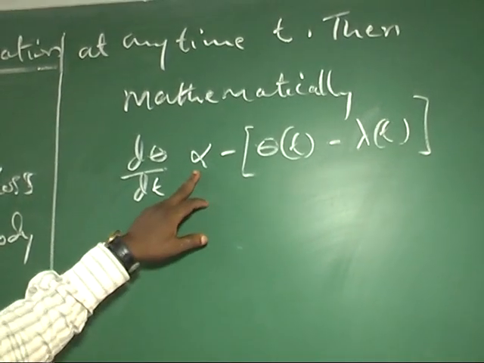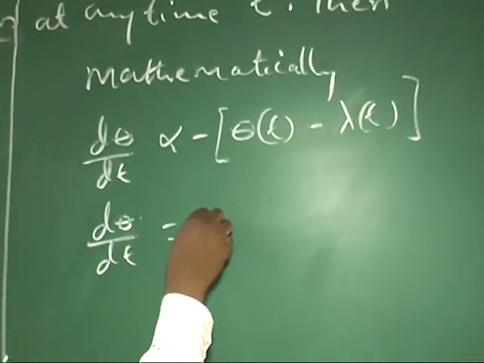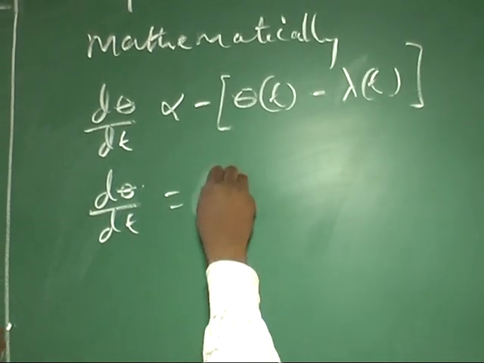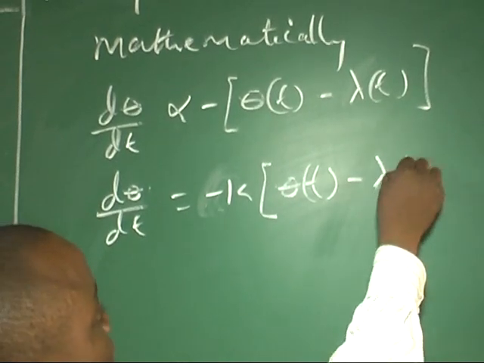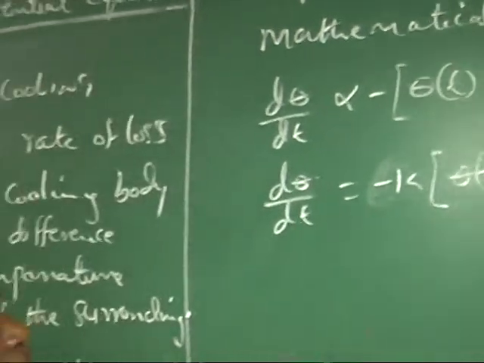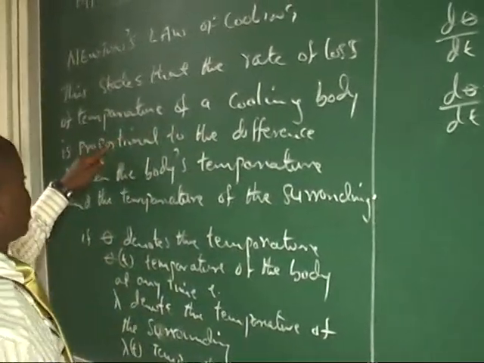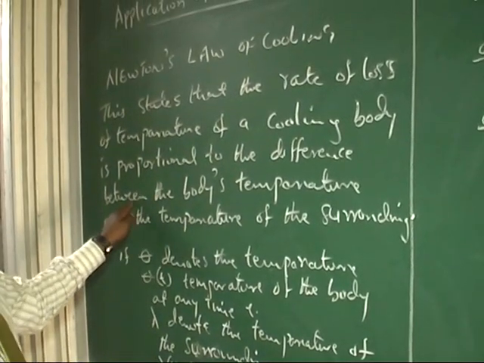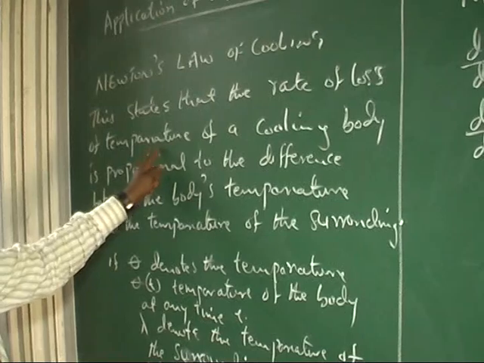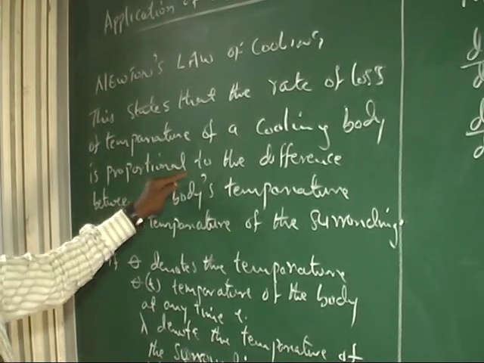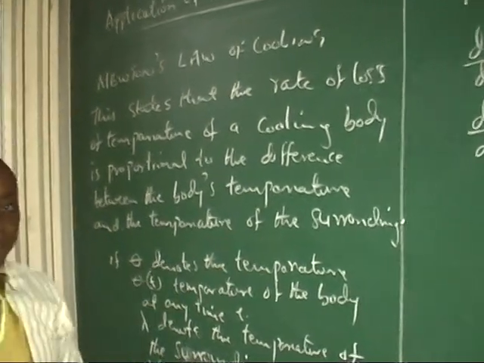So that by the time we remove the proportionality sign, we know that d theta dt is equal to minus k theta of T minus lambda of T. You know that because of the difference, this is what the minus is above. We said that the law states that the temperature of the cooling body is proportional to the difference between the body's temperature and the temperature of the surrounding.